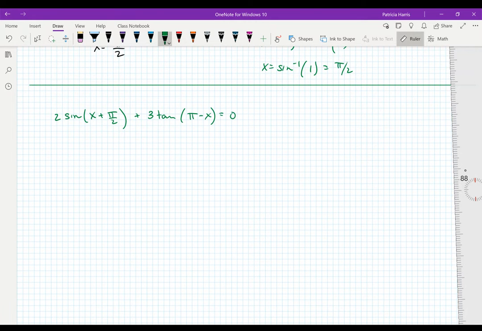This one's going to be interesting because it has tangent in it. Let's see what happens. Well, we have two choices. Remember we do have a lovely sum and difference identity for tangent.